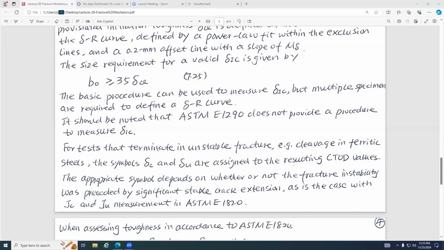JU and delta U, whenever you see this subscript, it means at fracture instability. So don't be confused. We have JC and delta C, and then we have JU and delta U. Don't be confused.